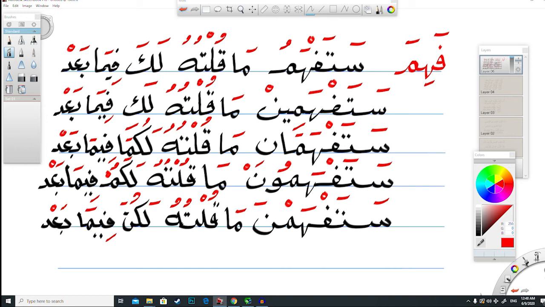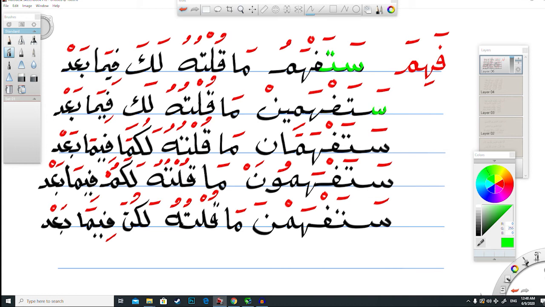Okay, let's make a quick revision of what we have added to the root to make the future tense for the second person. I'll mark the letters with a different color. We added sin and ta. ستفهم, you will understand.